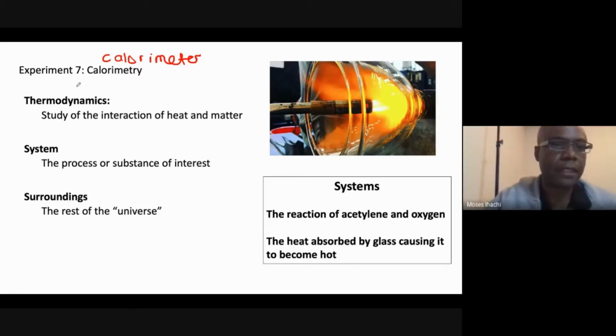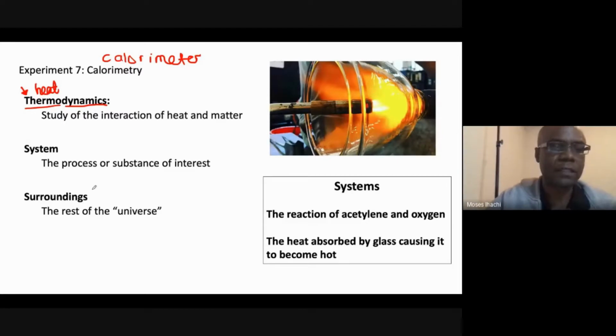Under calorimetry, the scientific concept is thermodynamics. Thermo comes from the word heat, and of course, dynamics is the change of a system, how a system behaves. So it's heat changes, thermodynamics, the study of the interaction of heat and matter.